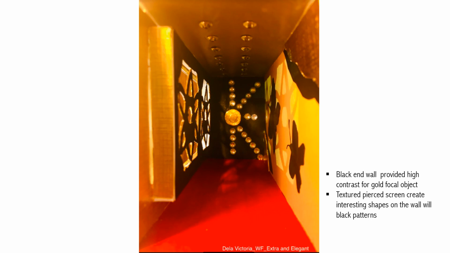I think the pierced screen is for flowers. So that's a very interesting concept: flowered pierced screen and then the shadows on the wall where the shadows will be cast are butterflies. So I think that's a very poignant idea. Alright, so extravagant gold and warm colors.